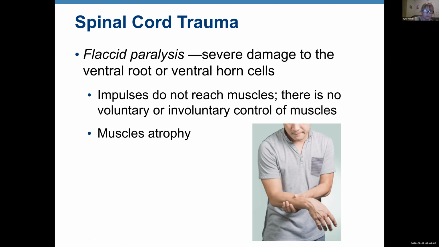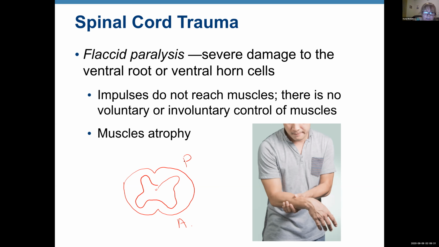I don't know if you guys remember it or not, so let me very quickly go over it. If you're looking at the spinal cord, in the spinal cord you have a structure like this, right? This is anterior and this is posterior.